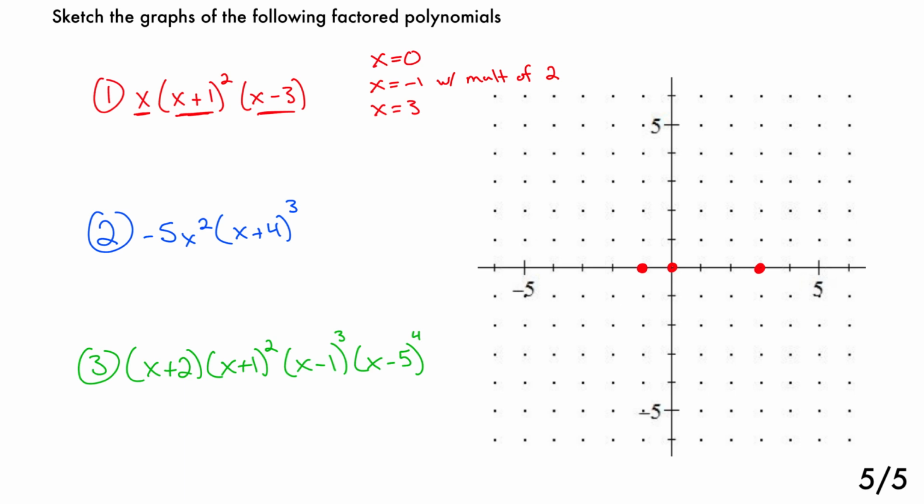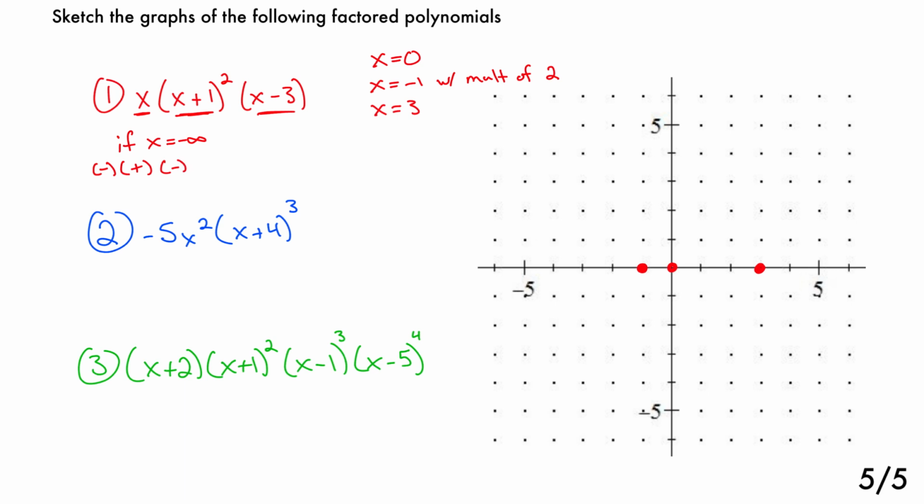All right, so let's find the end behavior. If x was equal to negative infinity, then we would get the first part would be negative. The second part is going to be negative, but we're squaring it, so that would actually make it positive. And then the third part, well, if I plug in a negative for x, subtracting 3 will keep it negative.